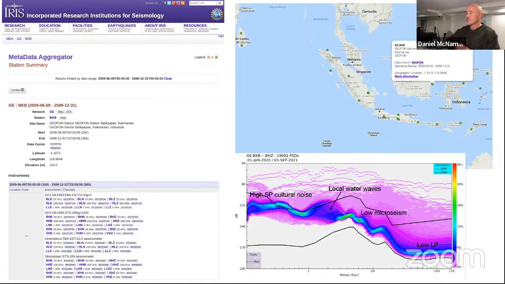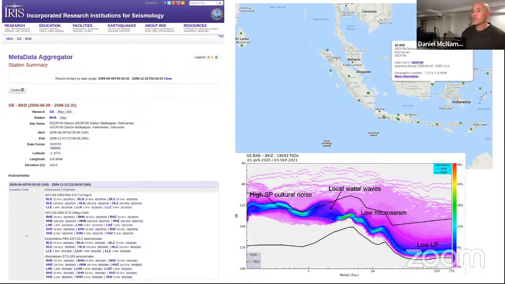And that suggests a really complicated microseism, not just a single source, but multiple sources from many different depths in the ocean. But again, there's not much you can do to get away from that. The ocean is always generating this energy. And if you're going to be near the ocean, you just have to deal with it, basically.